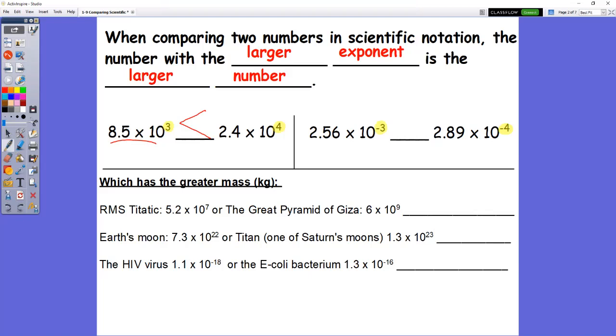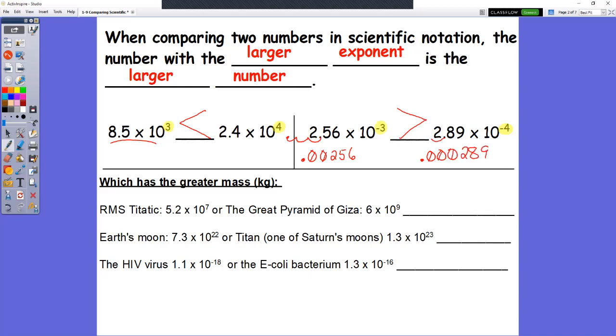So 2.56 times 10 to the -3rd power is actually greater than 2.89 times 10 to the -4th power, because if you were to look at it, this would move the decimal point 3 places, so 0.00256 is compared to 0.000289. So you can see that by the third place, it is larger, so it's greater than.